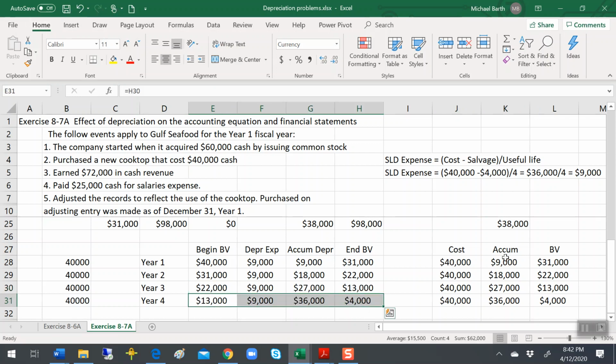And in the fourth year, we end up at the end of the year with a $4,000 book value, which is the amount that the cooktop could be salvaged for or sold to somebody else.